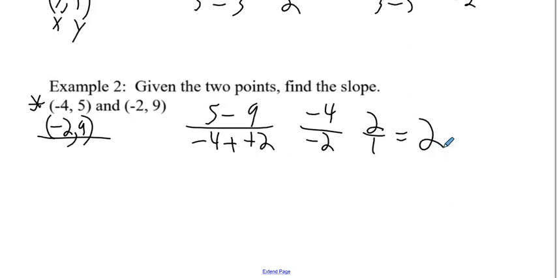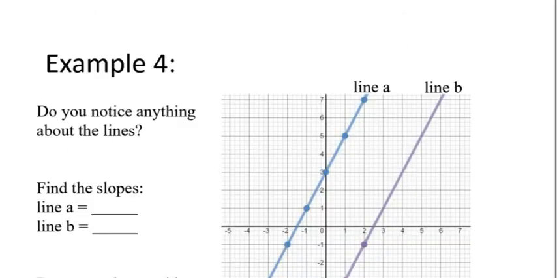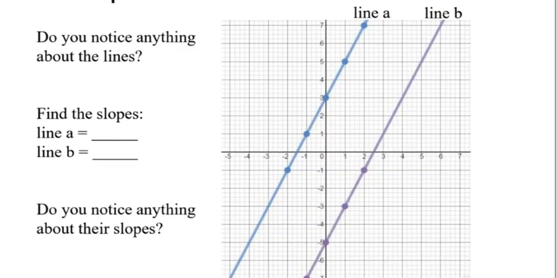Now, the reason we usually write it as 2 over 1 is because this reminds us that we're going up 2 and we have to go right 1. All right, do you notice anything about these lines? Okay, find the slopes.